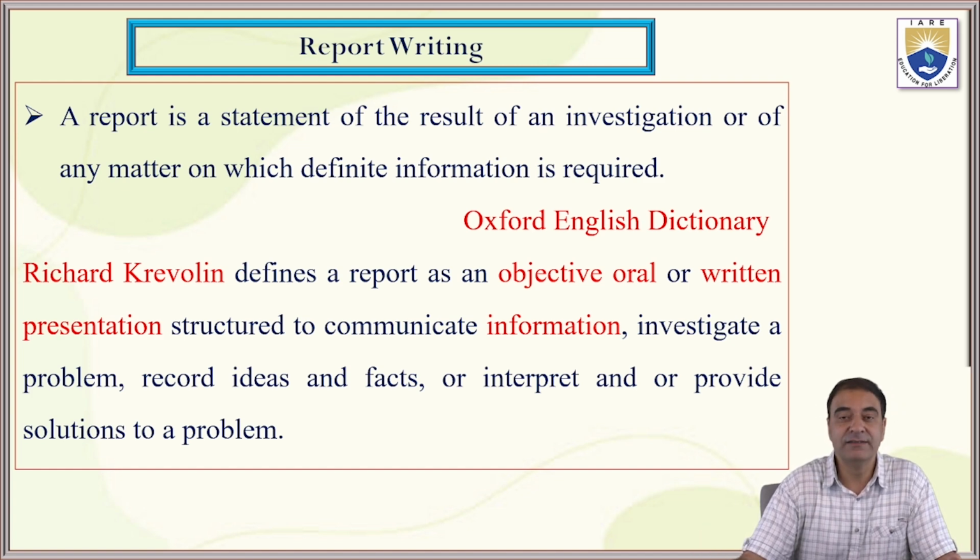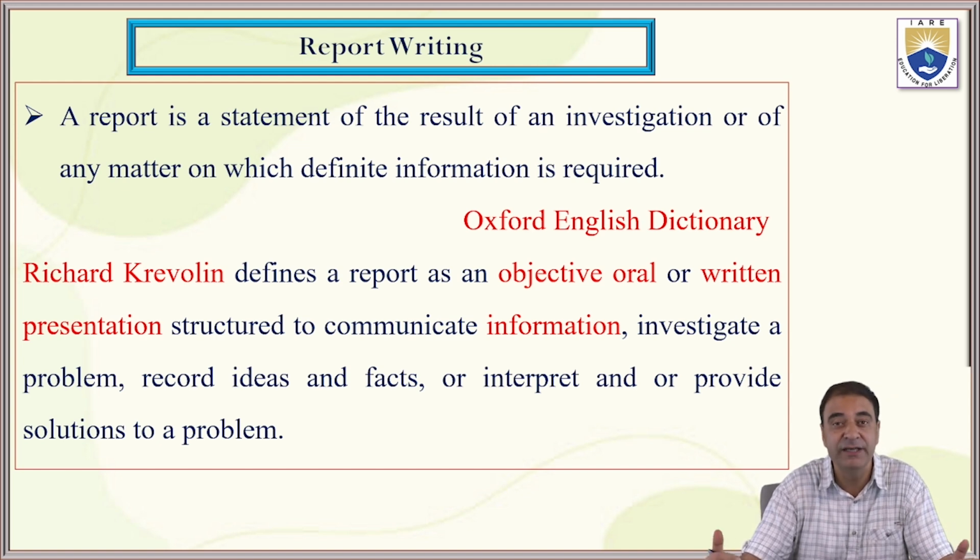Now, if you look at the definition here, we have two parts in this definition. The first part deals with the report itself. What's a report? And the second part of the definition deals with the objective or the scope of a report. If you look at the very definition of a report, we can say that a report is a piece of oral or written presentation that's objective and its main purpose is to communicate information.